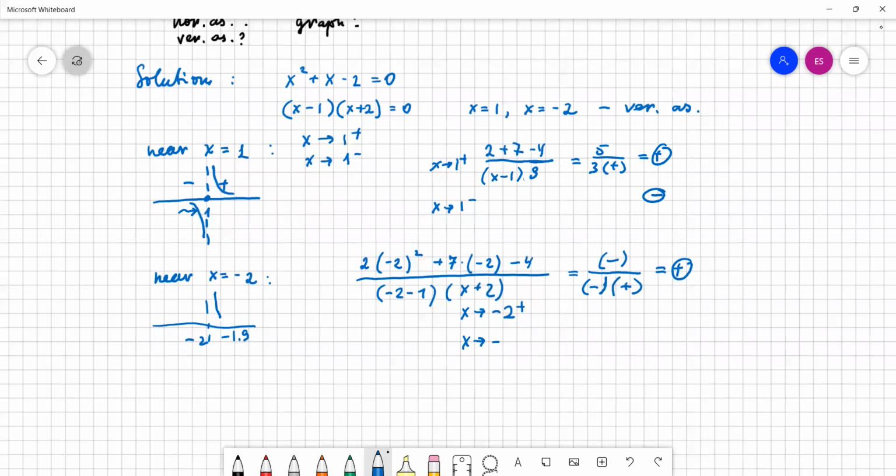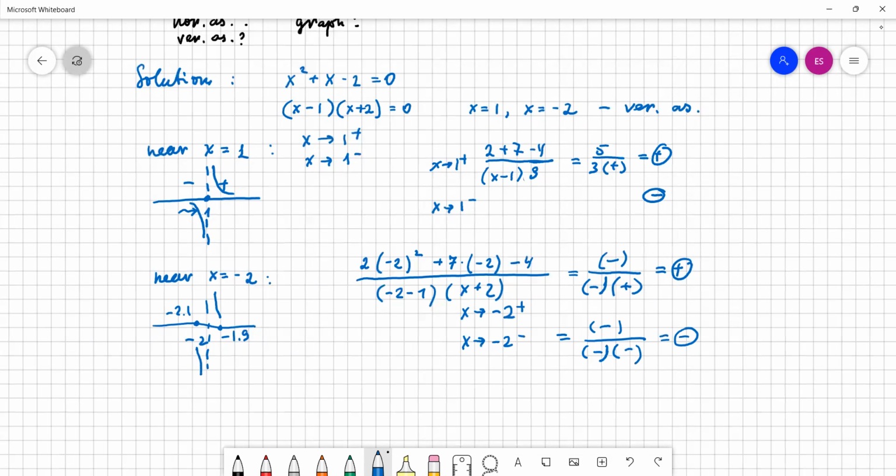If x approaches minus 2 on the left, I'm going to have minus, minus, and it's minus 2.1, for example, somewhere here, right? What is that going to give me? It's going to give me minus, right? Because it's minus 2.1 plus 2, it's minus 0.1. I'm going to get minus, so approaching like this.